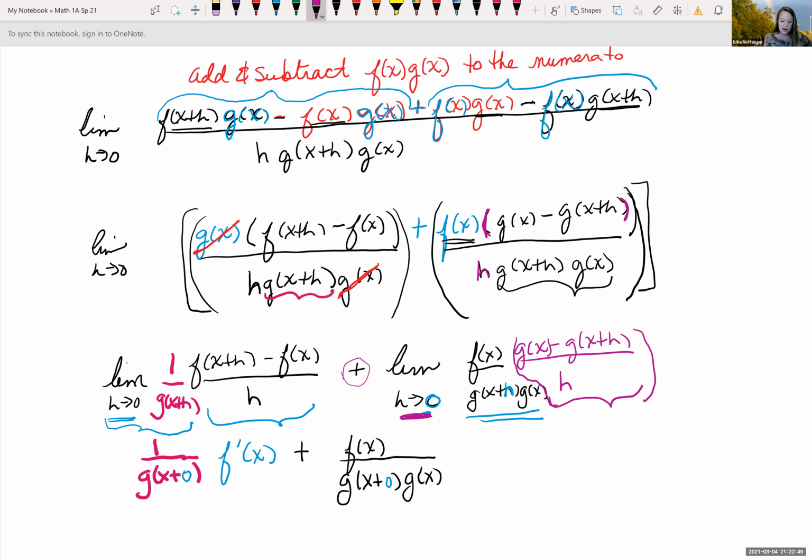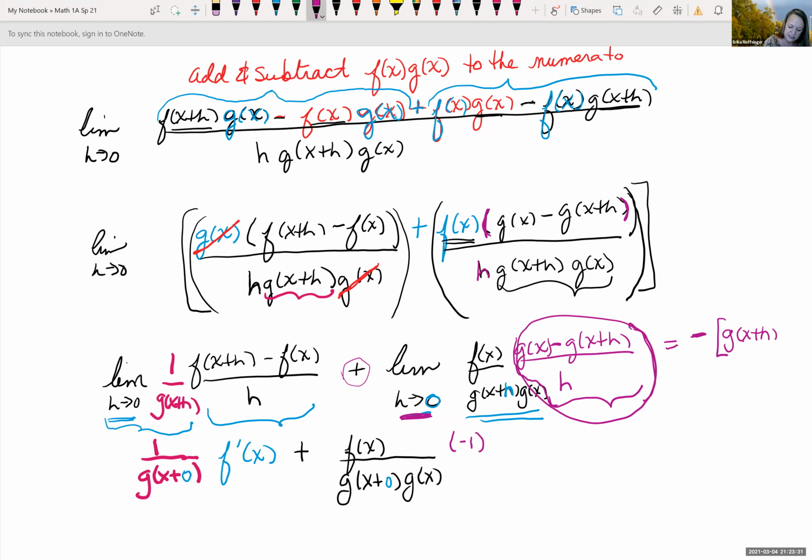And so we can factor out a -1 from our numerator. So if I pull out a -1 here, since we haven't done it, this is equivalent to negative g of x minus, wait a minute, this is equivalent of, if I pull a negative out of g of x plus h, just writing the order different.